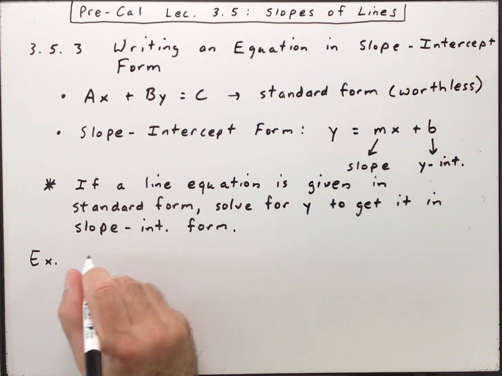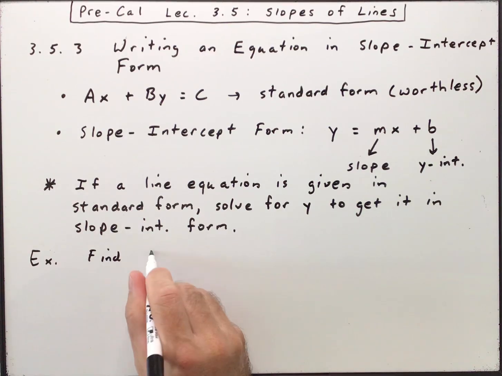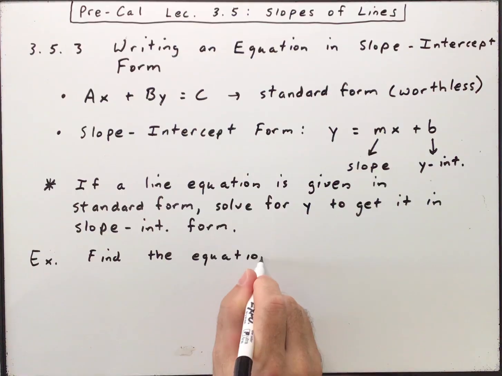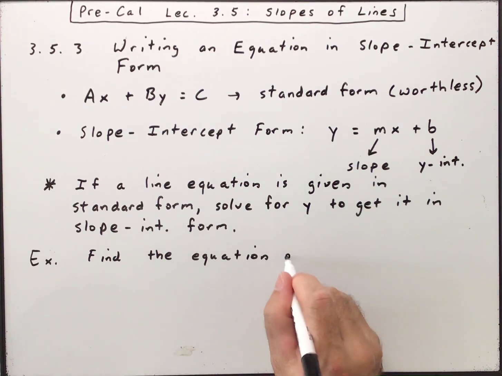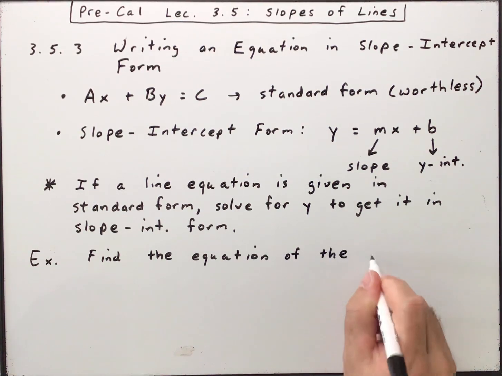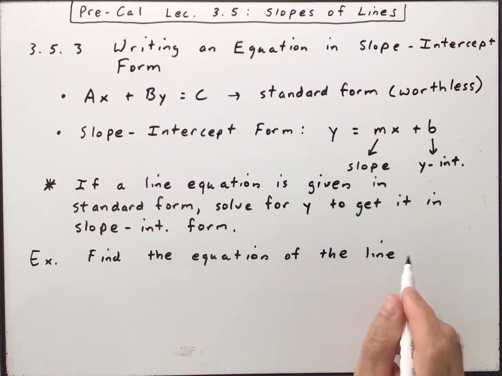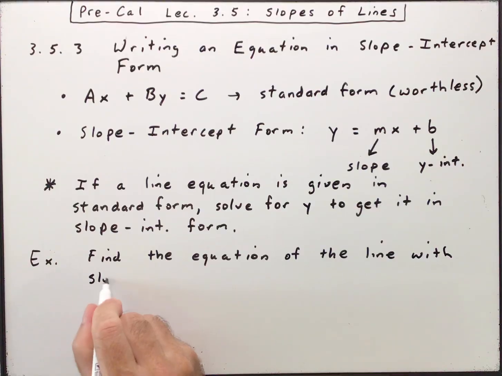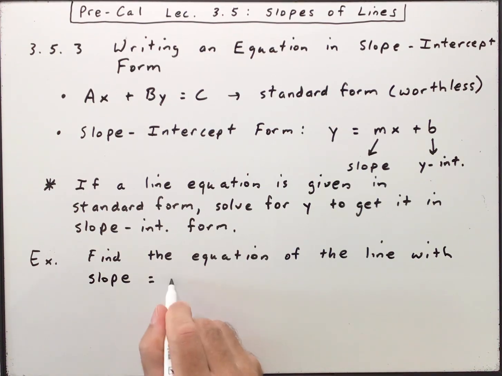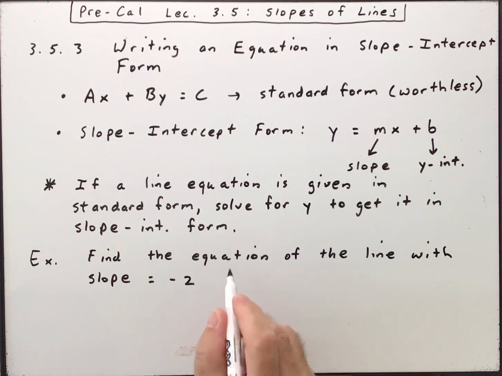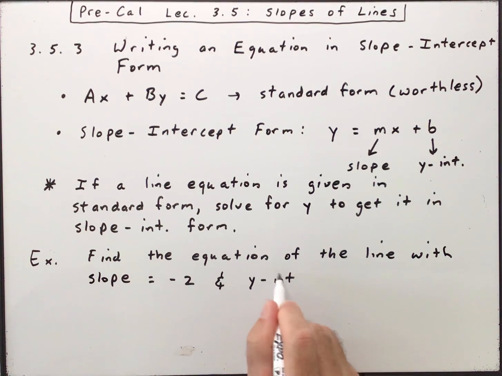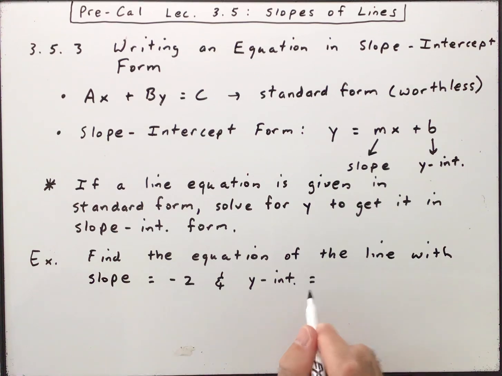But let's start with an easier one. Find the equation of the line with slope equals -2 and y-intercept equals 5.